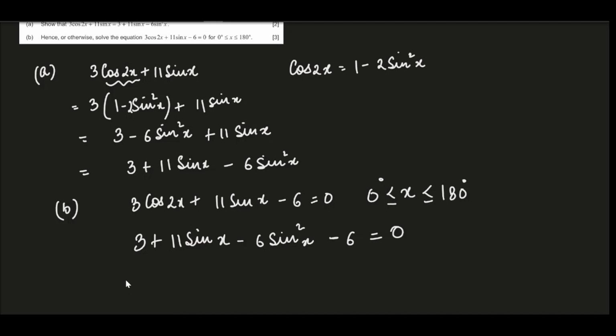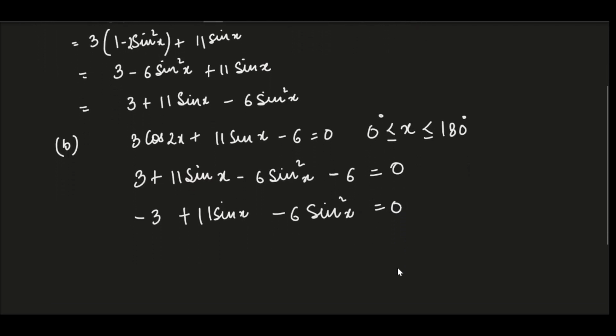I have just substituted the values over here from part A. So this will become negative 3 plus 11 sine of x minus 6 sine square x equals 0. Now I'm going to rearrange this.